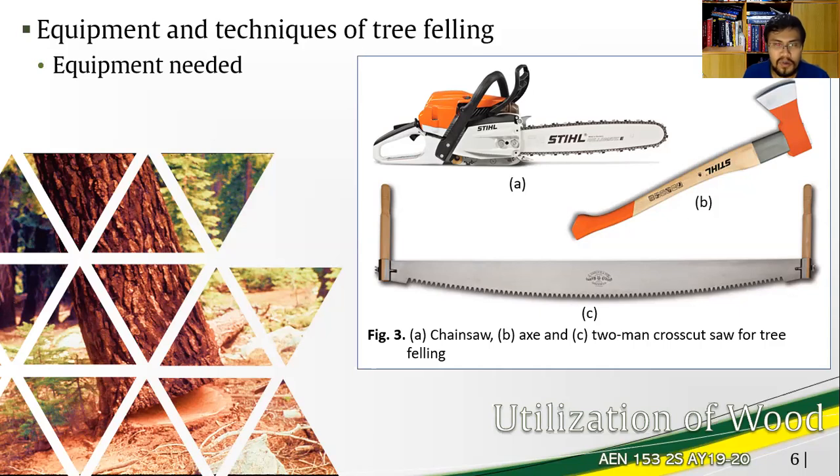Anyway, so do you need all of this? Okay, no, you don't. You can just choose between A or B and C. So you need a chainsaw, letter A, or the combination of an axe and a felling saw. Here on the screen is a crosscut saw.